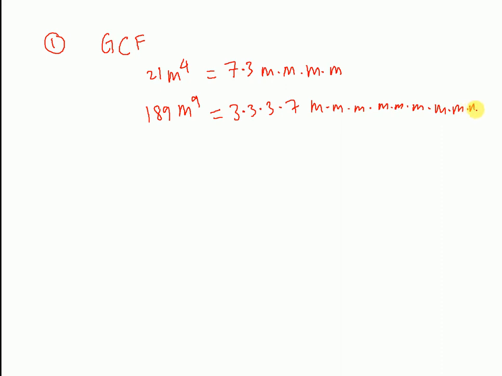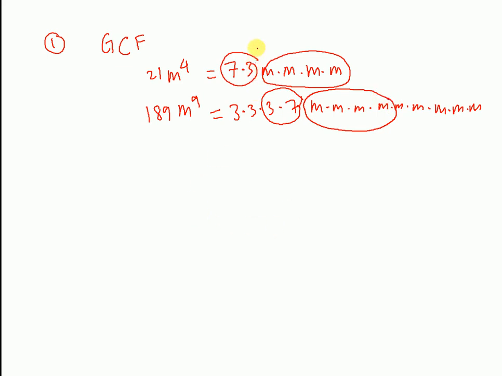Now the greatest common factor is the factor that both of the terms have in common. So in this case, for the numbers, we have 7 and 3 here, and we also have 7 and 3. For the letters, we have 4 m's, and here we have 9 m's, so there are 4 m's in common.